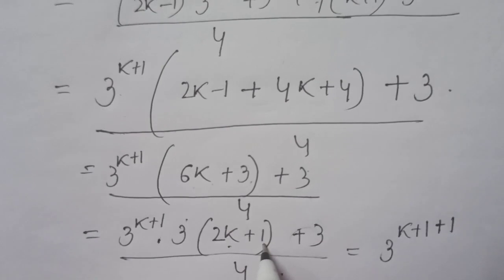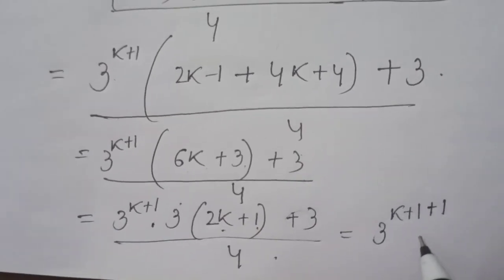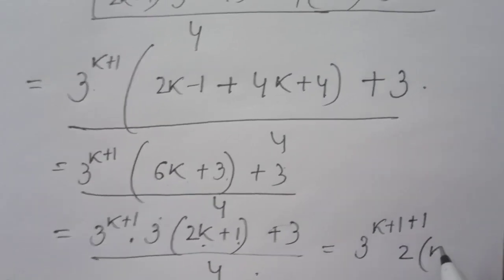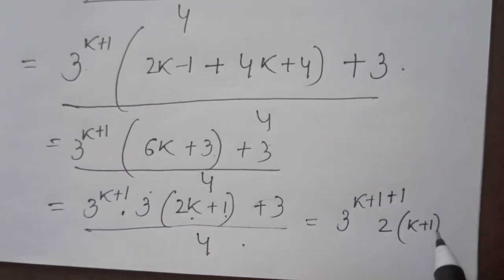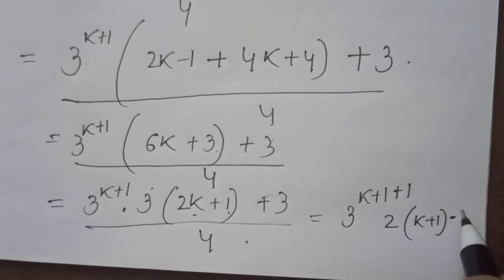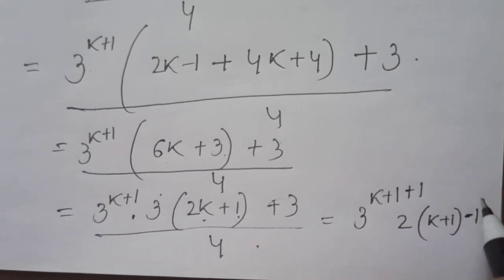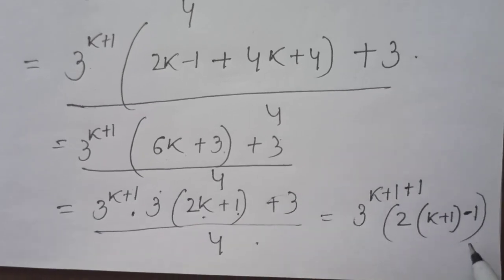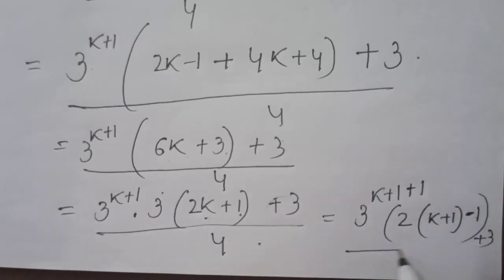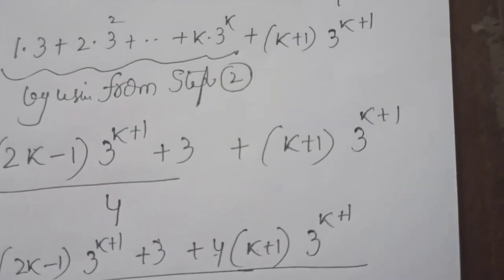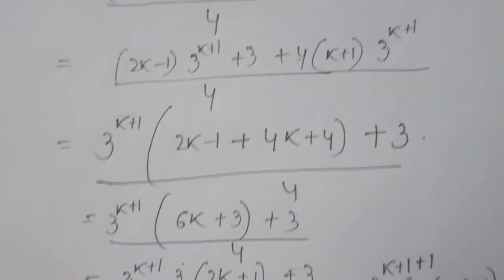The 2k plus 1 I can write as 2k plus 1 minus 1, and plus 3 by 4 over, which is equal to your RHS. So P(k+1) is true for all P(k).